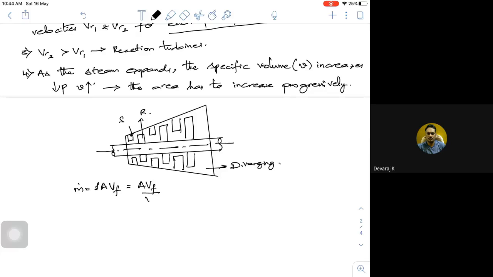When the specific volume is increasing, which is in the denominator, it has to be compensated, since the flow velocity is not changing that much. So the corresponding area has to increase. If the specific volume increases, your density drops. To take care of this, we have to ensure that the turbine section is diverging.